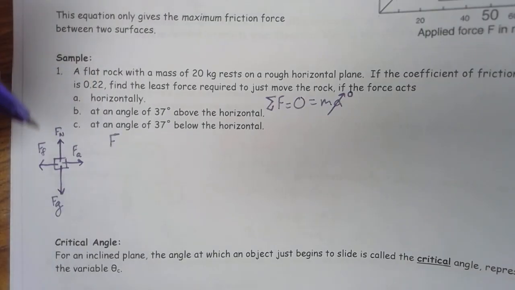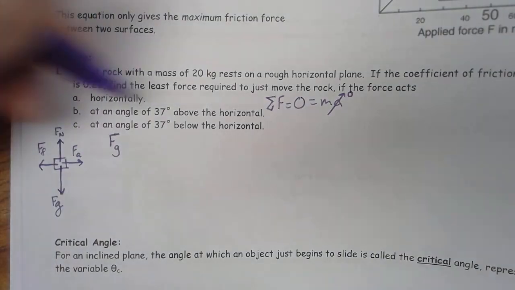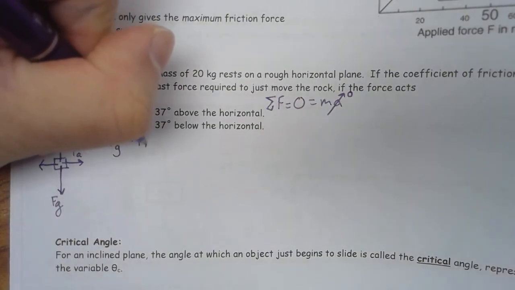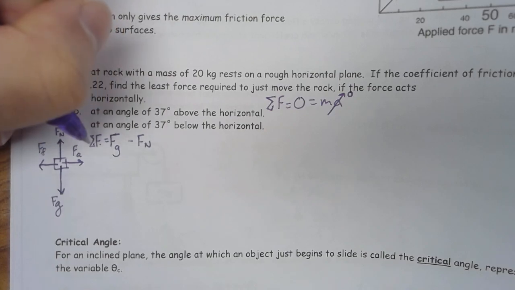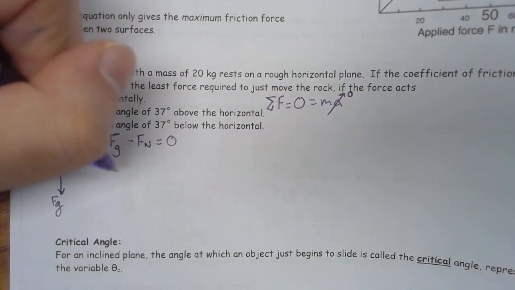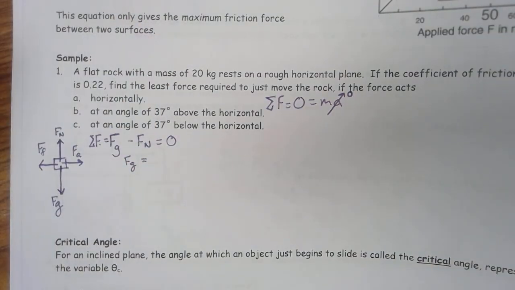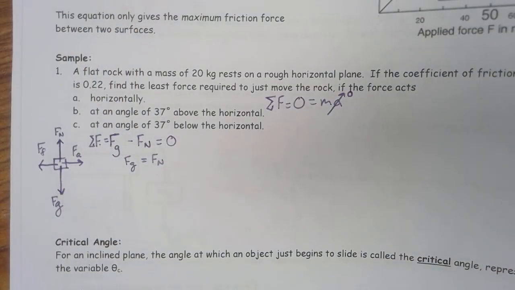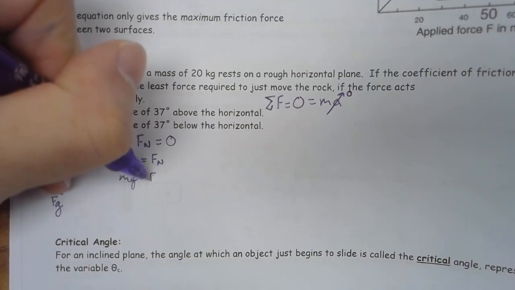Force due to gravity in this case. Because your acceleration is 0, your force due to gravity minus force normal equals the net force. But that net force is 0, right? So if it's equal to 0, we can say Fg equals force normal, right? mg equals force normal.